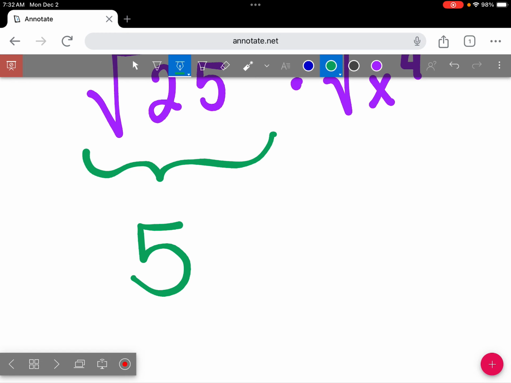And in this case, I have 4 socks. I want pairs. How many pairs can I make out of 4 socks? 2. So I'm going to have 2 x's. We're looking for pairs. That's what square roots are looking for. So the square root of 25 x to the 4th is 5x squared. That's our answer.